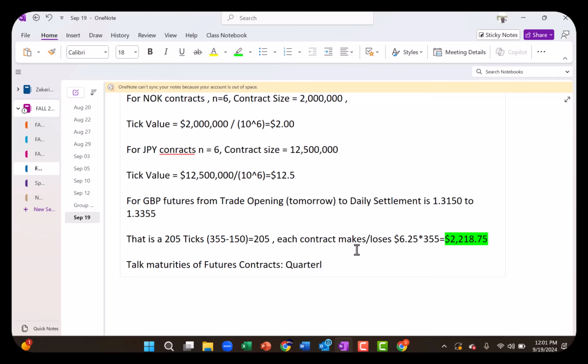Quarterly contracts: March, June, September, and December. Third Wednesday of the contract month.